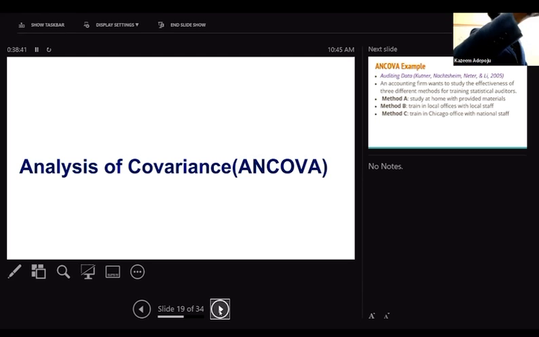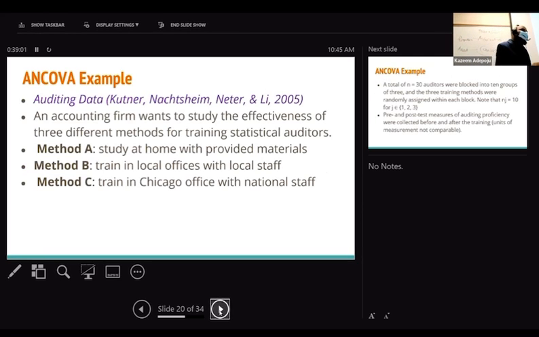When you have a continuous or quantitative predictor, we are no longer talking about analysis of variance, but we are talking about analysis of covariance. Look at that, covariance.